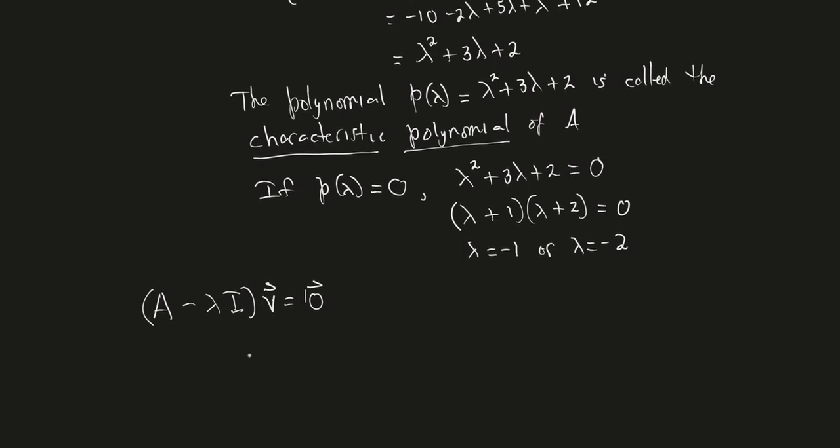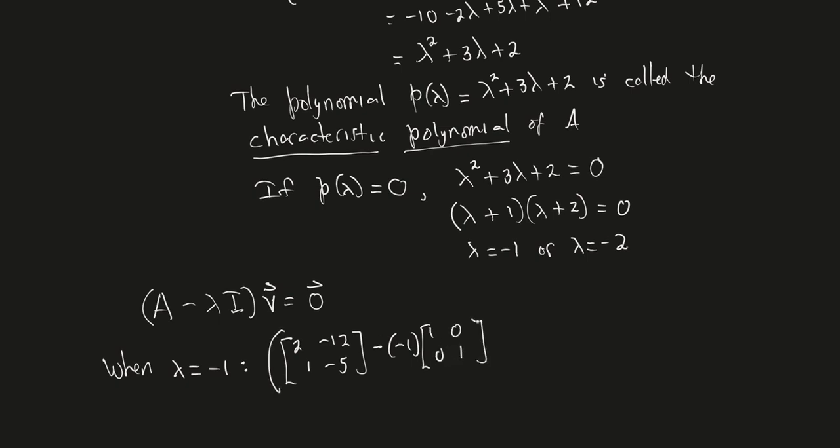So let's do that. When lambda is equal to -1, let's see what the system looks like. So again, let's write down our A. So it's 2, -12, 1, -5, and then minus -1 times the identity matrix, 1, 0, 0, 1, and all of that times my V. Now what I'm going to do with the V, I'm going to write it as a column.